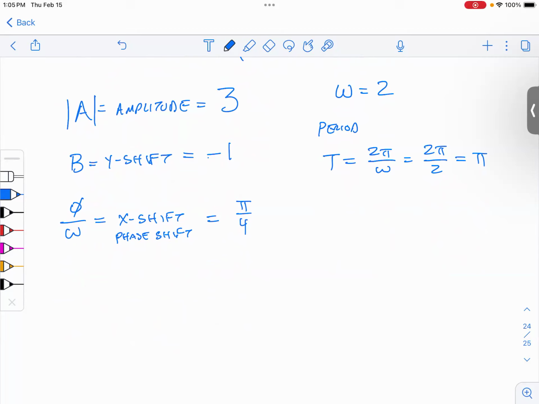Pi over 4 and period of pi should make identifying our values relatively simple. So when we're about to go into graph now, we can start identifying our 5 points. The start point is equal to the x shift, which is pi over 4. The end point is just start plus the period.